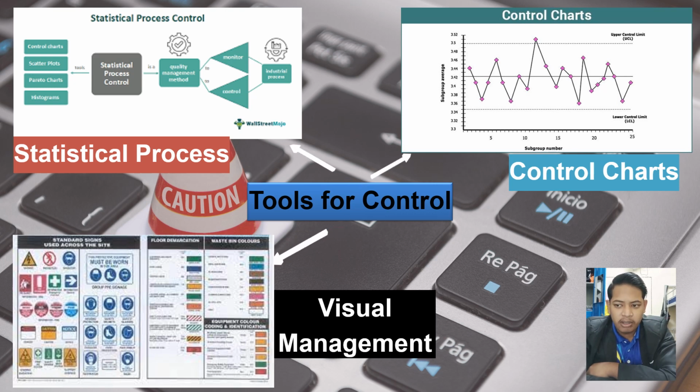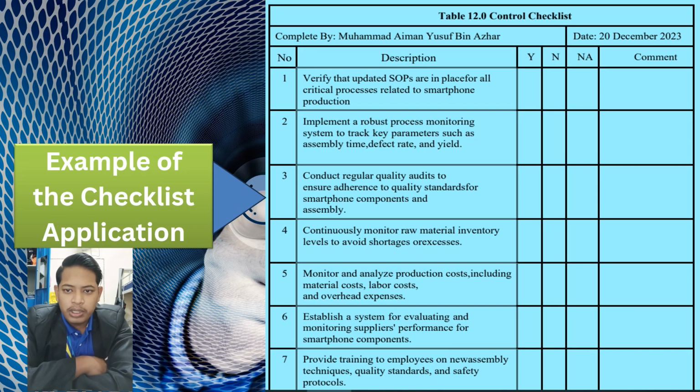A control checklist is also one of the tools that we can use for our control phase. This checklist is not only to keep the improvement process, but also to evaluate all controls and spot any weakness before they lead to significant losses. So this is an example of the control checklist that we use for our project report.